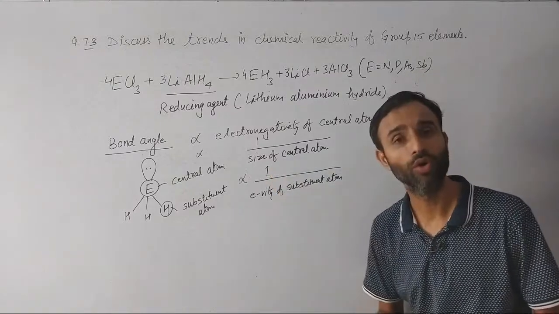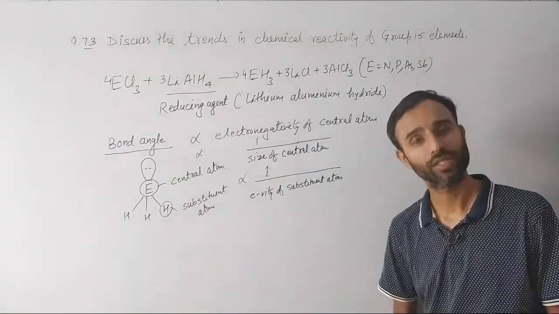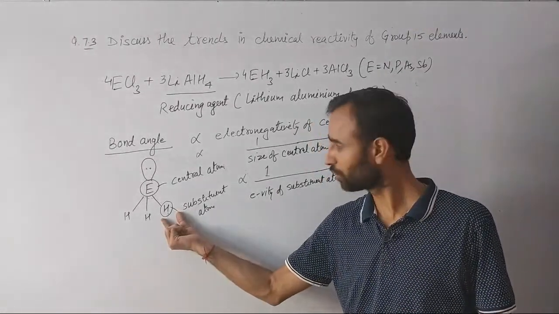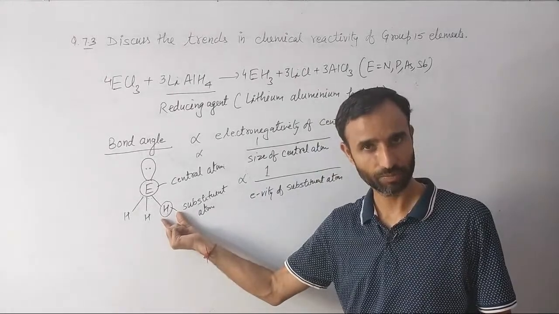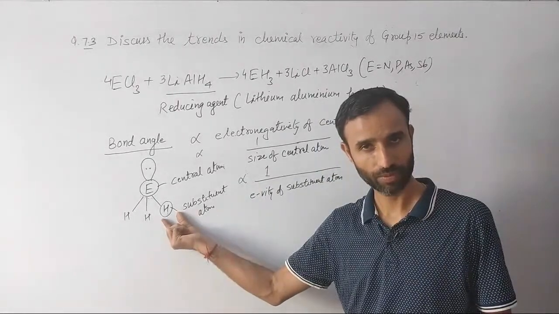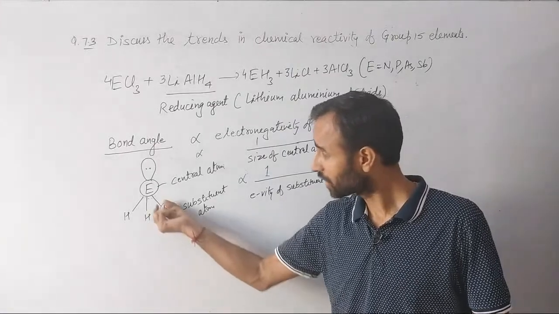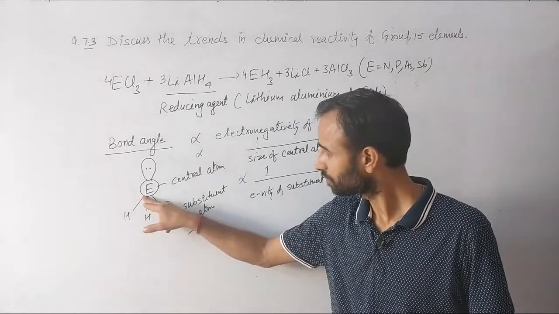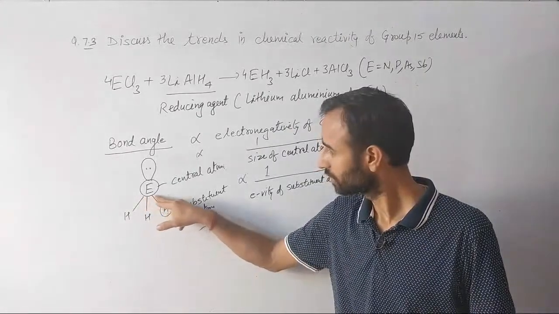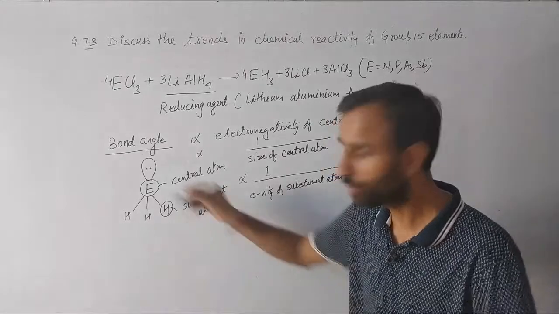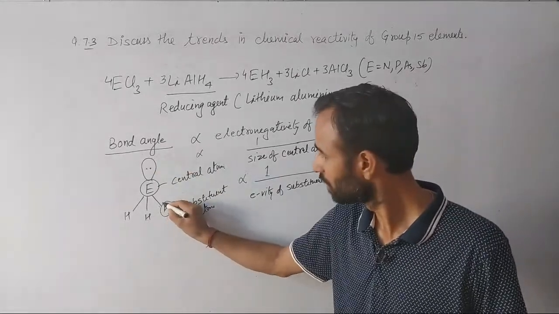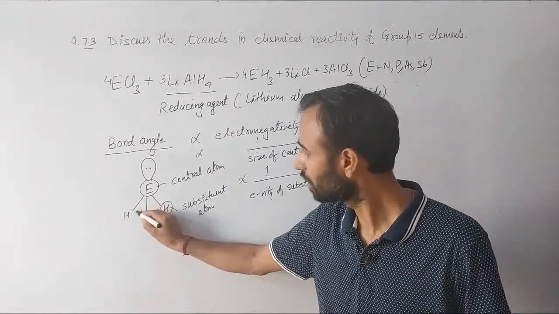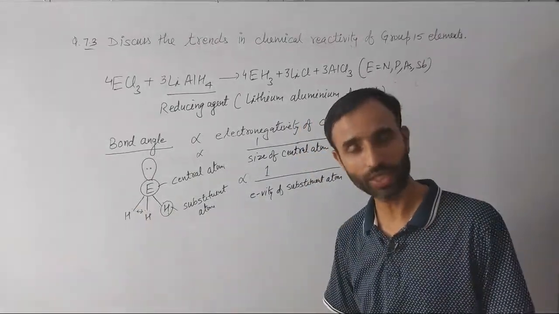See, this substituent atom, if it is small in size, and it is more electronegative, so bond pairs are away from the central atom, they are close to the substituent atom, so distance between the bond pairs increases.